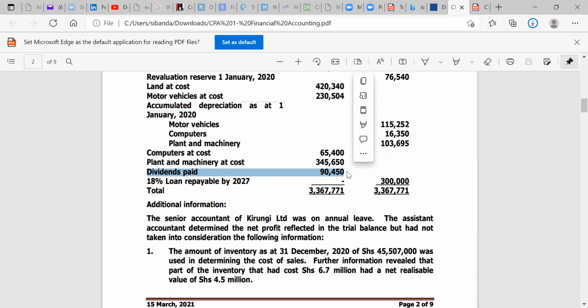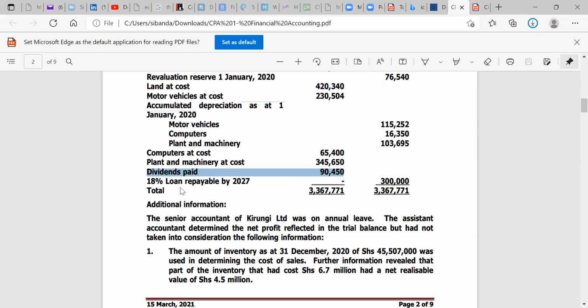So that is very important for you to know. Dividends are not expenses, okay? Dividends are not expenses. Rather, dividends are items of equity. So if you want to look at dividends and their effect, what we basically do is we do that when we are doing our statement of changes in equity.